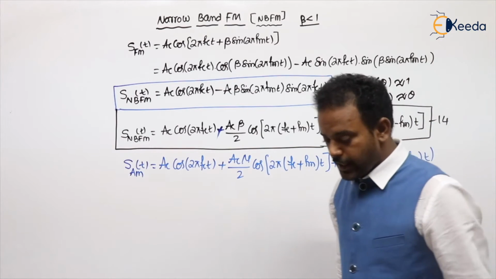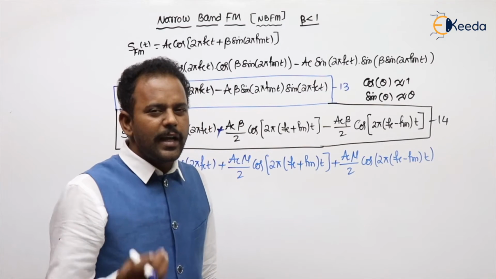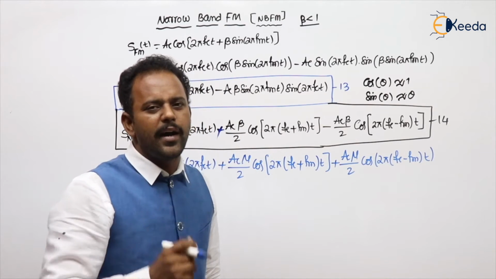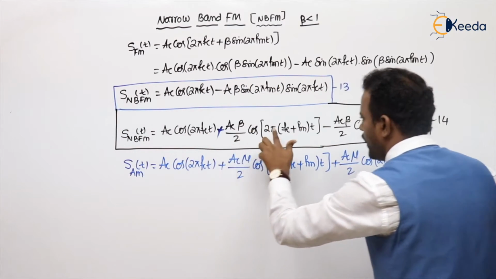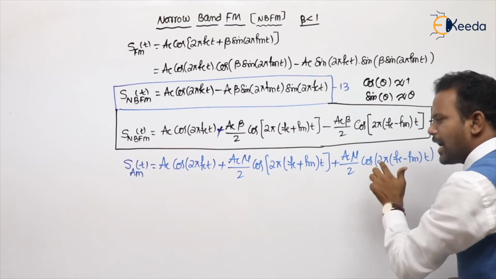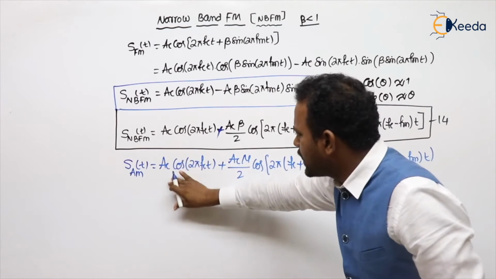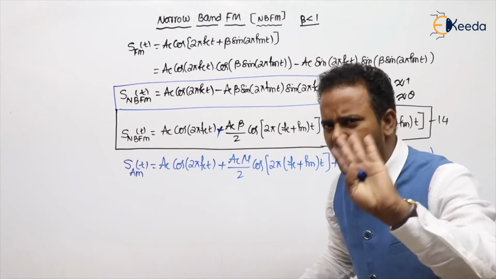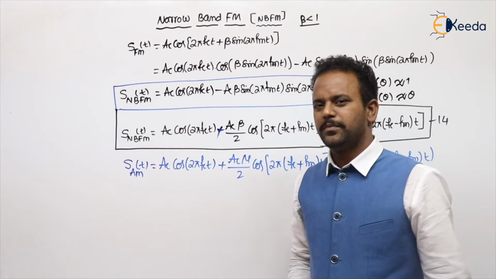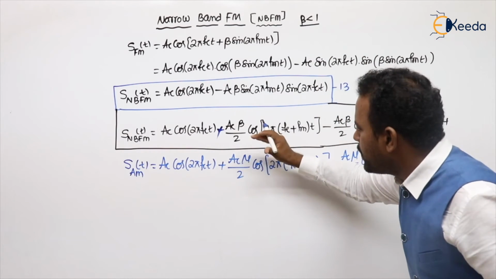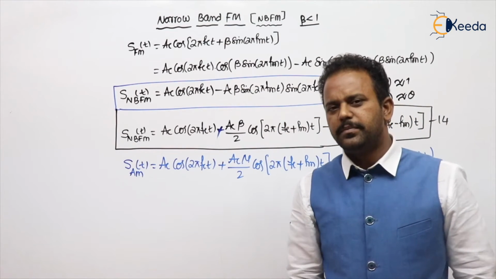Someone is saying same, someone is saying no. Comparing means looking at the additional carrier, upper sideband, lower sideband. Yes, exactly the same. Compare means what terms it has, not like AC, AC, dot, dot. So if you compare NBFM with AM, NBFM is exactly the same as AM.